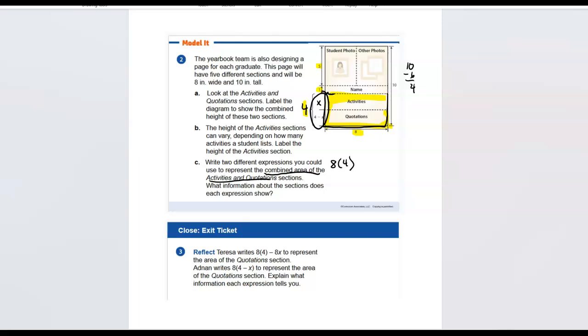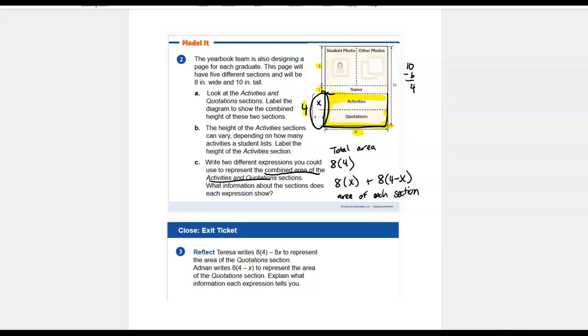We could say, we're going to do 8 times x, the activities part, plus 8 times 4 minus x, the quotations part, right? This one was total area again, and this one was a little bit more specific. It was the area of each section. No matter what, you could still get the same answer. It's just a little bit more specific in what they give you.